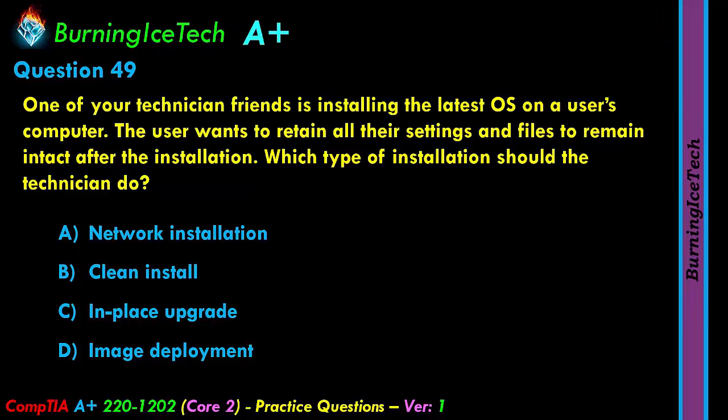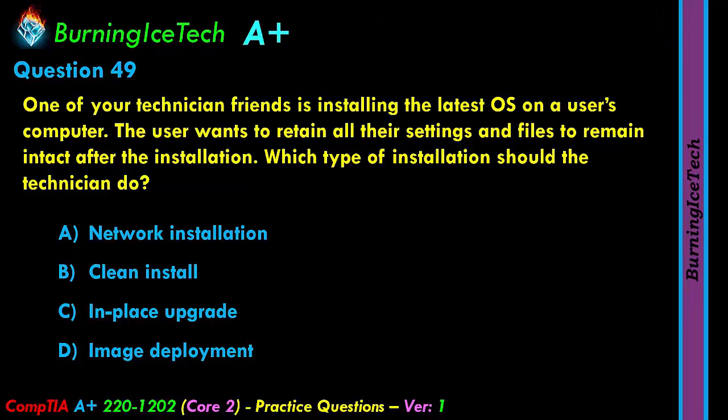It just says one of your technician friends is installing the latest operating system on a user's computer. That could mean a lot of things. It's open for interpretation. So that could mean that they've got no operating system. It could mean that they do have one and they just want to go and upgrade. So the fact that they want to install the latest one could be seen as they have one and they simply want to upgrade. So C is in fact plausible.